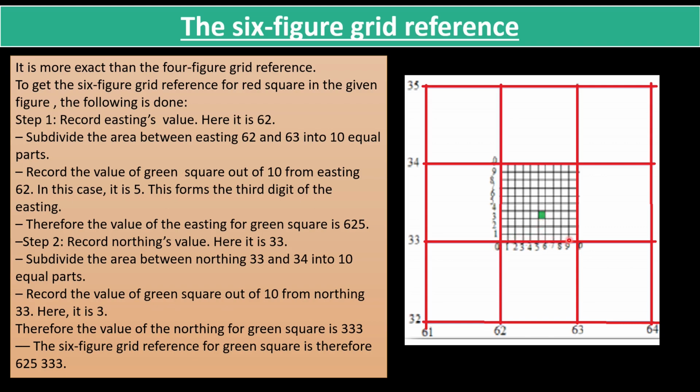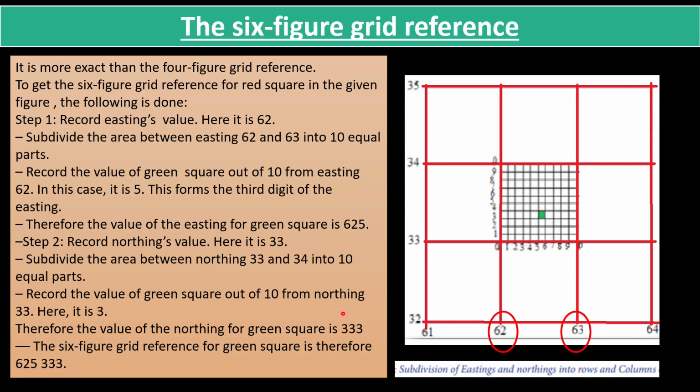This is the zero line, that is 330, 331, 332, 333. So the northing is coming 333. And the 6-figure grid reference is 625 and 333. Total 6 digits. So 625333 is the value of this green square.